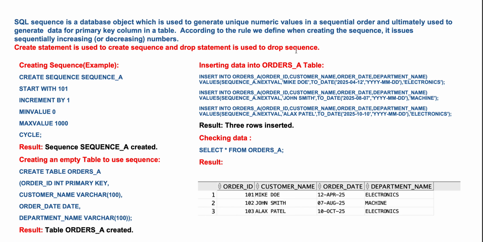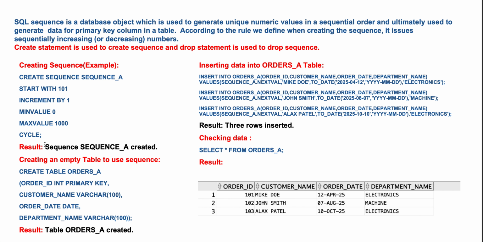Let me create a sequence. Create sequence, sequence name, where the sequence name is sequence_A, start with 101, increment by 1, that means positive 1, min value 0, max value 1000, cycle.